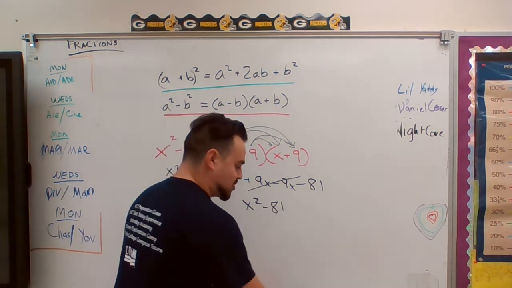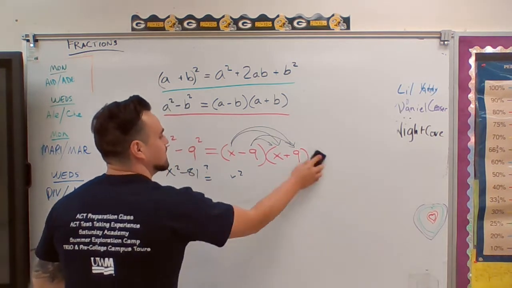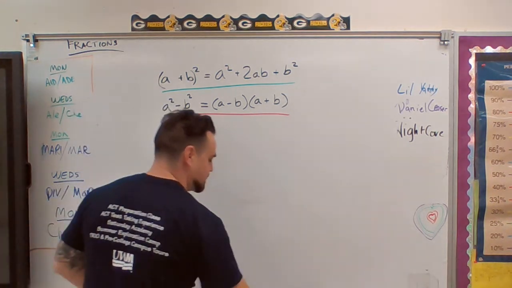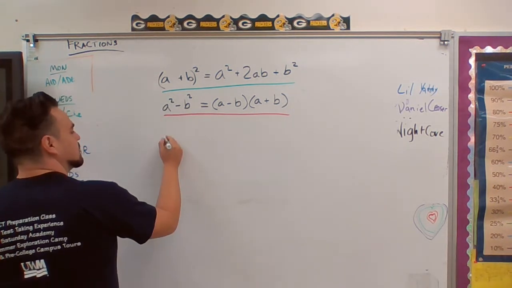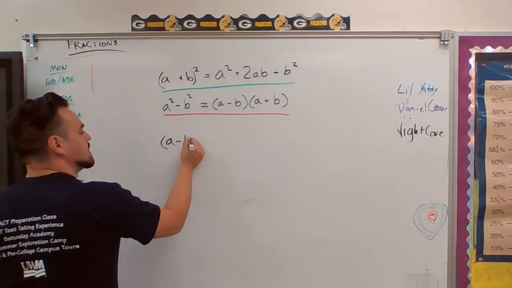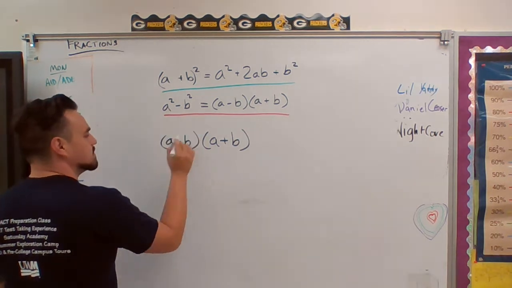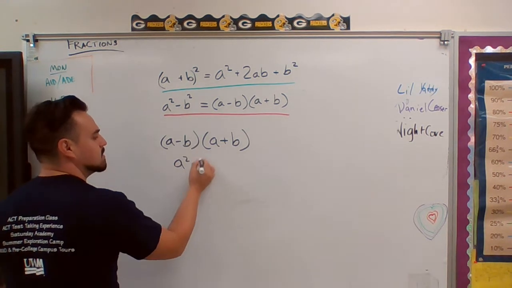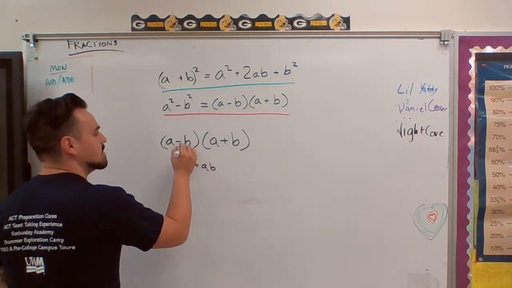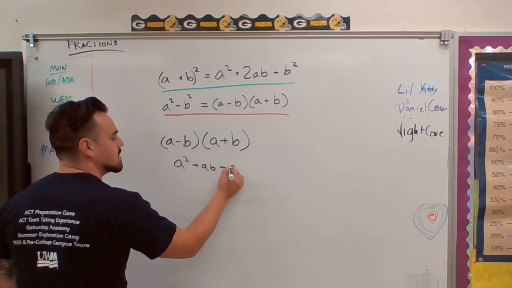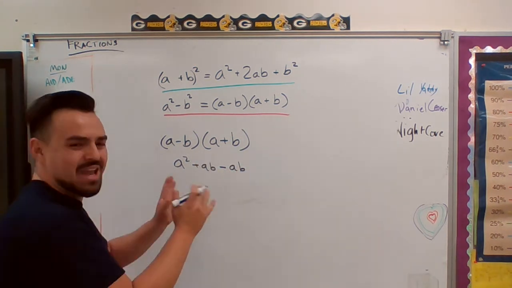Let me show you the abstract. A minus b times a plus b. A squared plus ab minus AB or BA, AB. It doesn't matter.